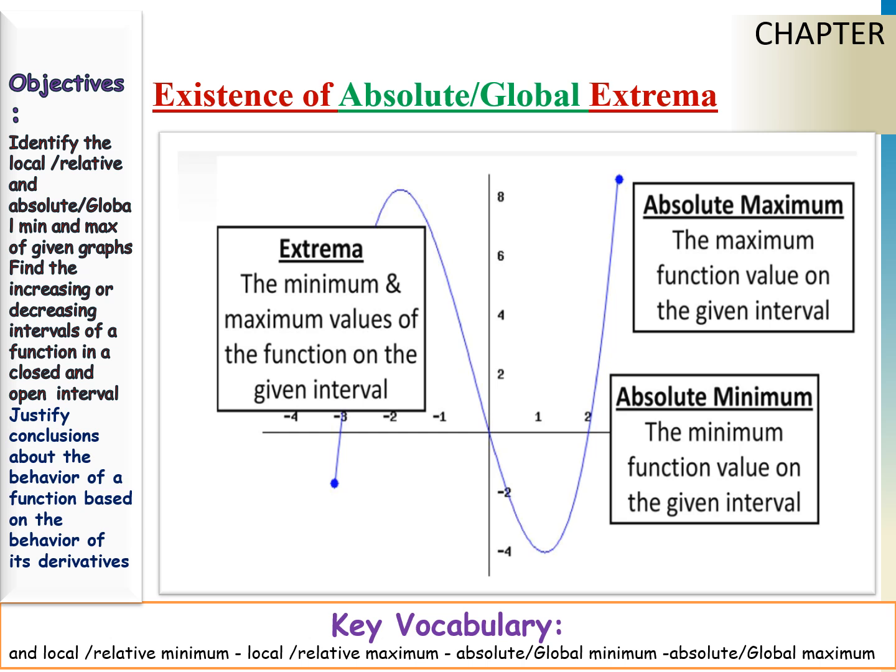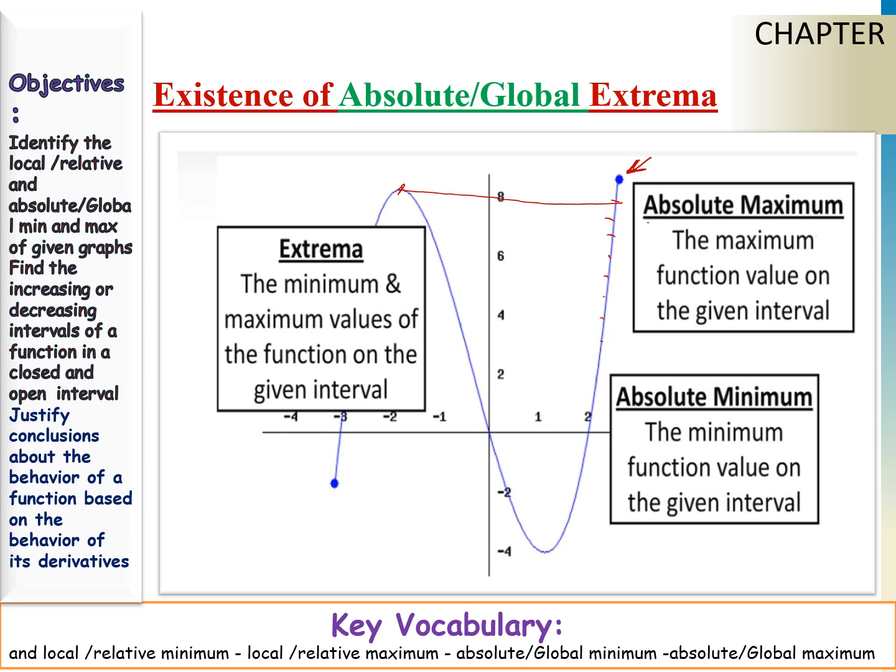Again, look at the graph. Now, just identify where the highest point of the graph is. You can see this is the highest point. Why not this one? Because this point is lower than this point. So you can name it the absolute maximum, and all other points, even these points, are lower than it.